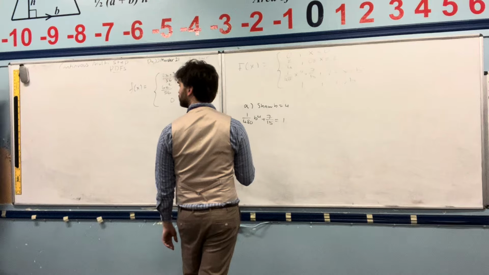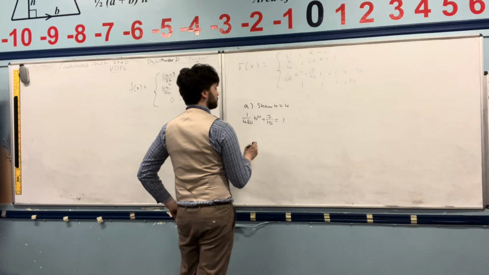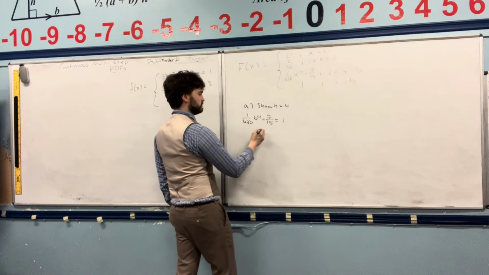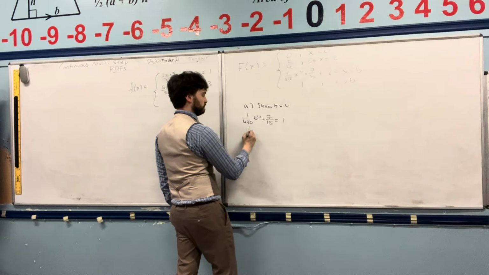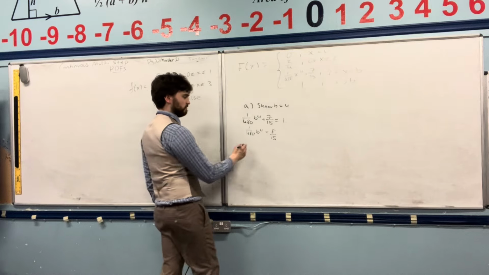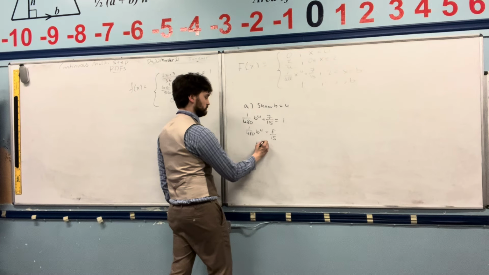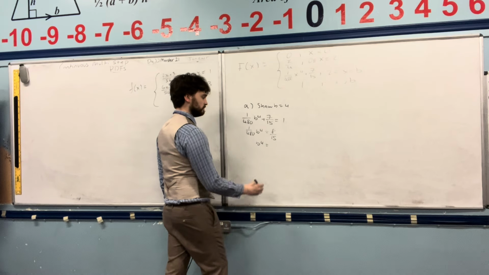So this would be 1 over 480 b to the 4 equaling 8 over 15. And then multiplying by 480 on both sides, I get 256. And then b equals 4.